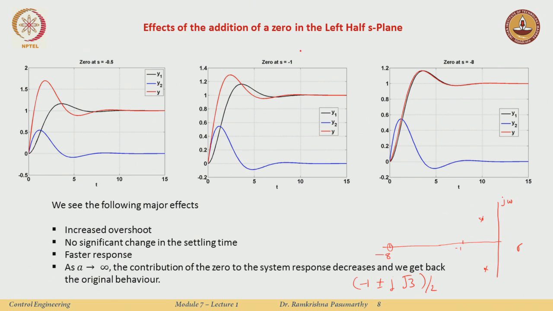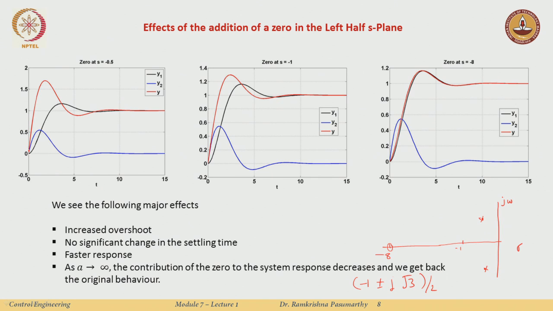Now, here the 0 is slightly further to the left, so the overshoot still increases, but not by too much. But here it is more or less the same. First is an increased overshoot depending on the location of the 0, but there is not too much change in the settling time. They more or less reach 98% of the original value in fairly the same time, all 3 including the original one.